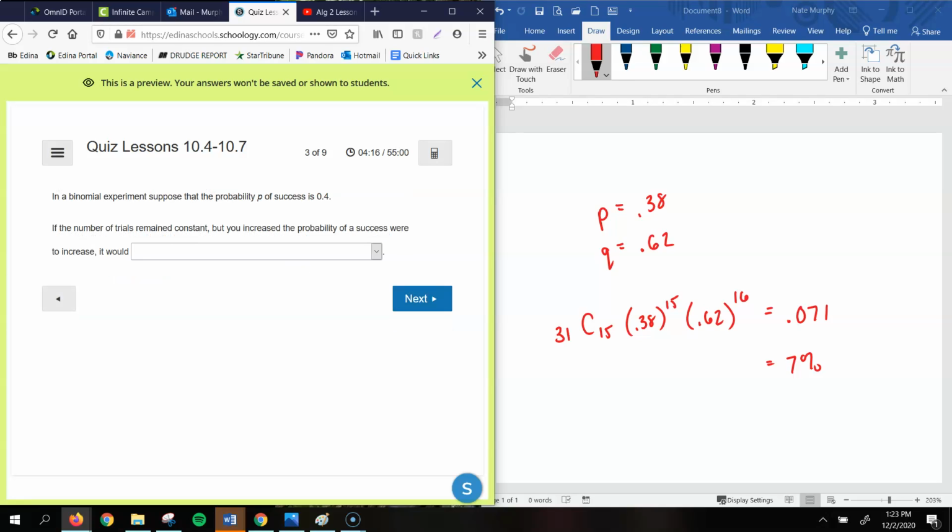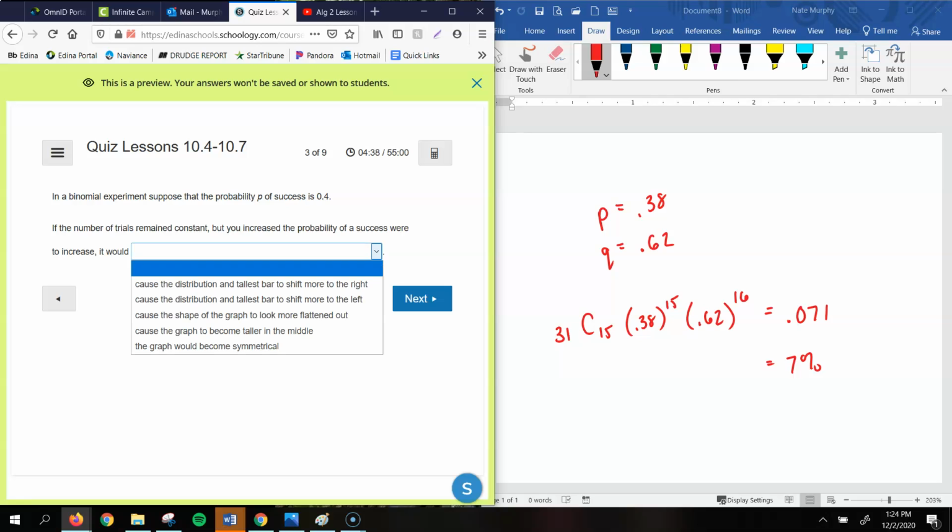Okay, number 3. In a binomial experiment, suppose that the probability p of success is 0.4. I need to fix the wording on that, so when you see this, it'll be worded better. Basically, if the number of trials remains constant but you increase the probability of success, we want to figure out what would happen to the graph.